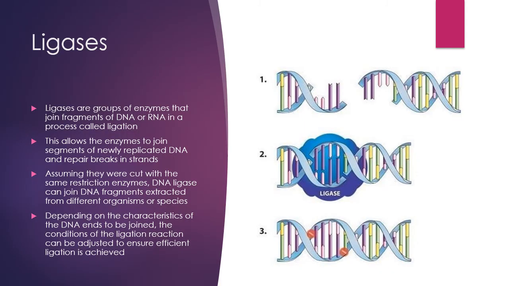Okay, so we've made a cut in our gene using restriction enzymes, and now we have our good old friend the ligase enzyme, which we've heard about before, which joins strands back together in the process called ligation, or a ligation reaction. This just helps the DNA strands to join back together.